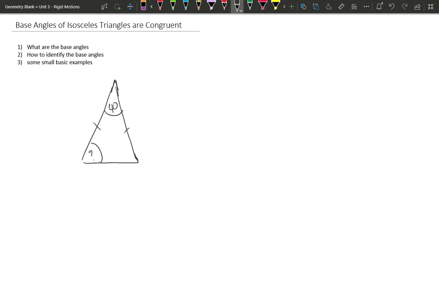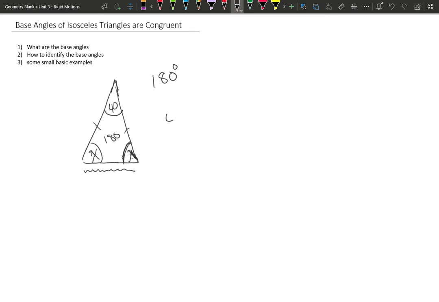Well, I'm assuming that you know the angles in a triangle always sum to 180. And since this is an isosceles triangle, and this is the base, and this is the other base angle, those two must be the same. Instead of putting a question mark, I could just label it as x, and we know that all three angles must add up to 180.